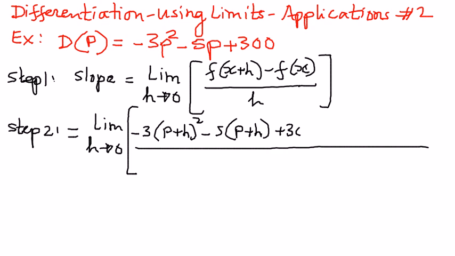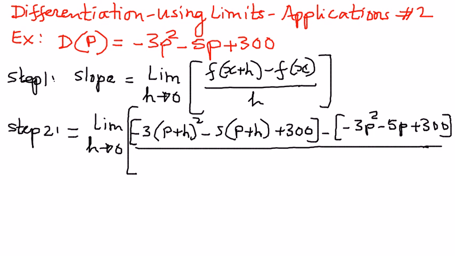That is the first part of that formula, and we'll put a bracket around it. The second part is, open brackets, minus 3p squared minus 5p plus 300. That is the given function. And then this whole thing is divided by h.